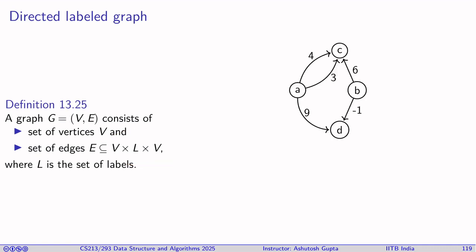Here's an example. You have 4 nodes and they're connected by 5 edges, and now you can label each edge, and you can notice that there are 2 edges connecting A and C. They are differently labeled, therefore both can exist without calling E a multiset.